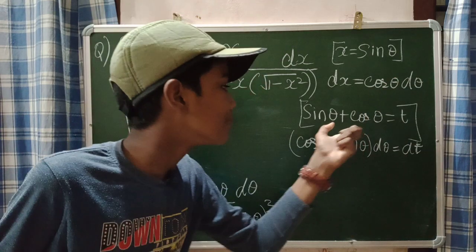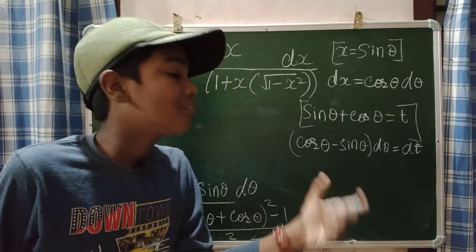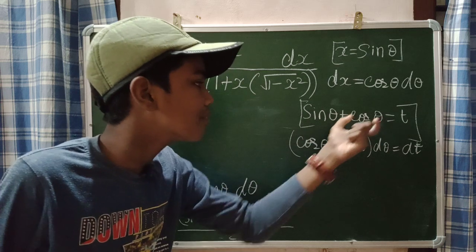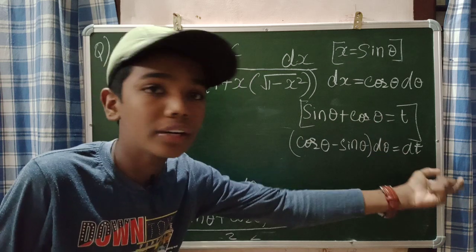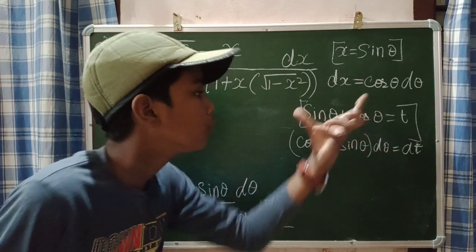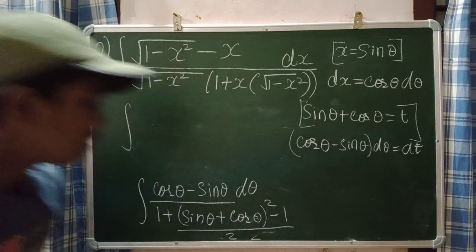So if this is t, then cos theta minus sin theta d theta will be dt, because dt is the differentiation of this value. When you differentiate and find the derivative, you will get this expression only.